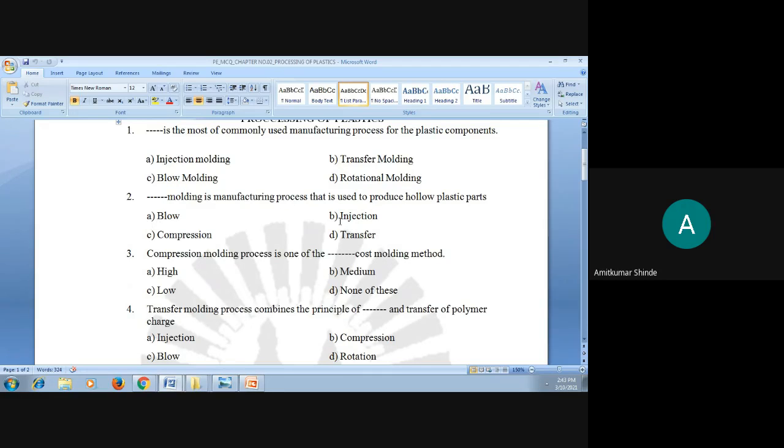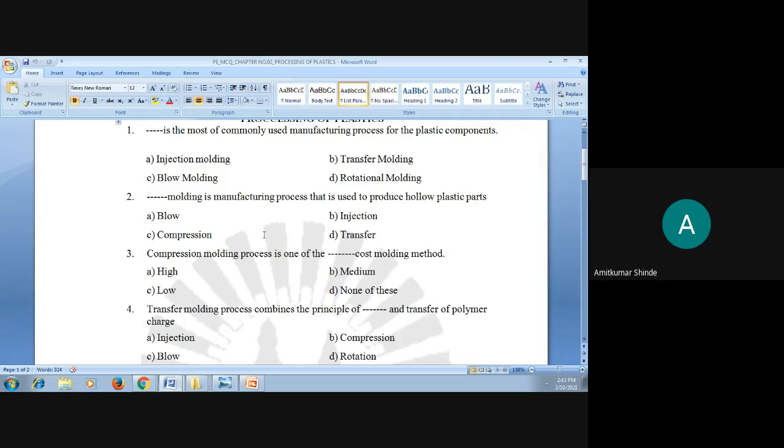Blow molding, injection molding, compression molding, and transfer molding. A is the correct answer. Blow molding is used. Different water bottles are manufactured with the help of this.